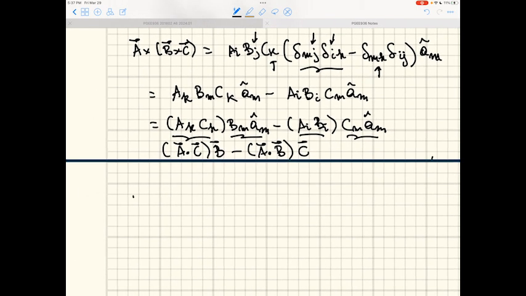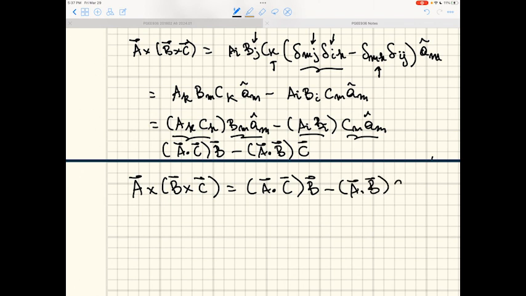So that demonstrates the distribution property of the triple vector product A, C, B minus A, B, C, as we wanted to demonstrate.